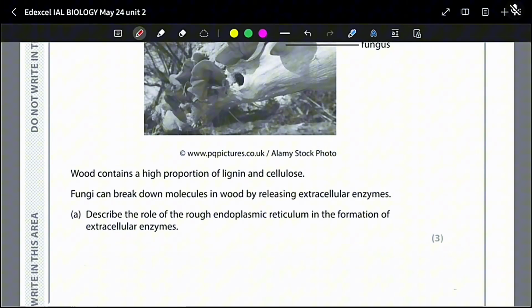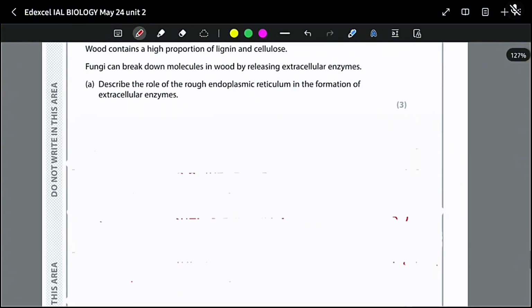This will cause the formation of hydrogen bonds, covalent bonds, ionic bonds, and disulfide bridges. So the polypeptide that is formed will be packaged into a transport vesicle and transported to the Golgi apparatus.